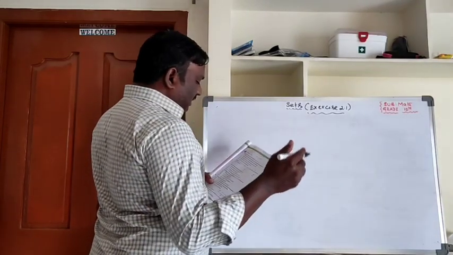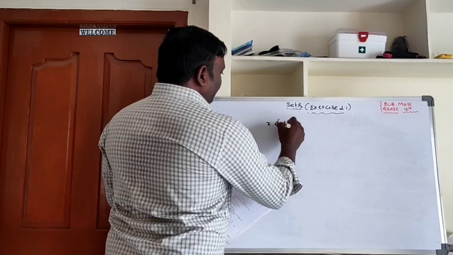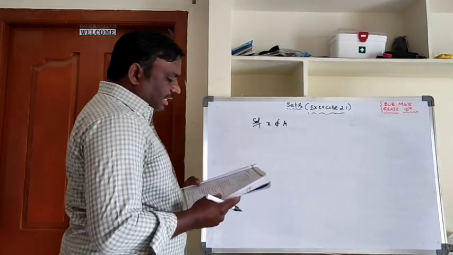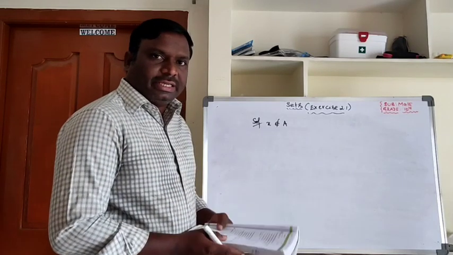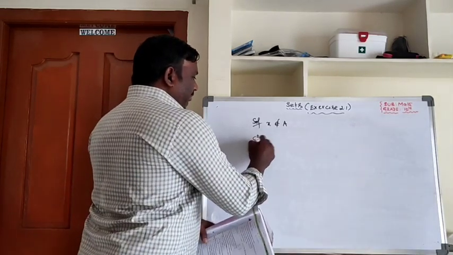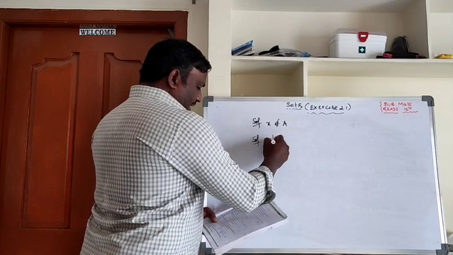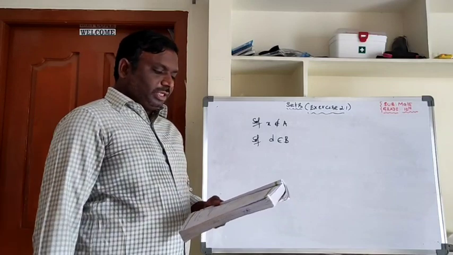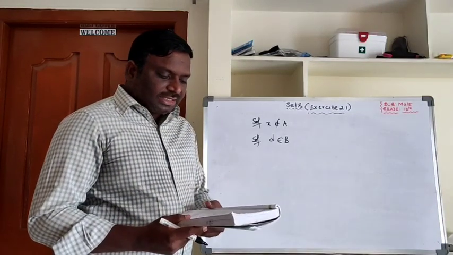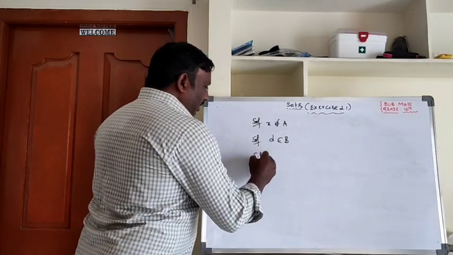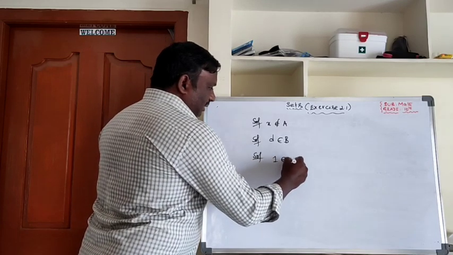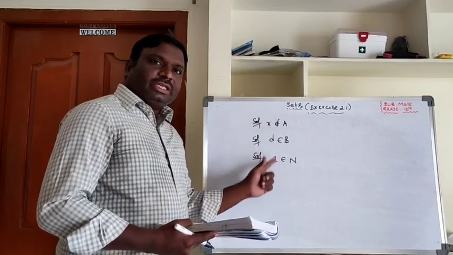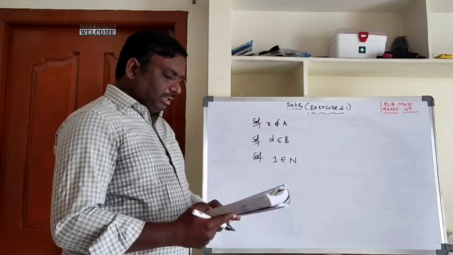The element X does not belong to A. You can write the answer like this: X does not belong to A. D is an element of the set B. Element means it belongs to set B. 1 belongs to the set of natural numbers. You can represent it as notation with symbols. That is the third question.